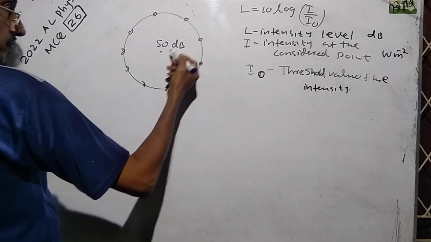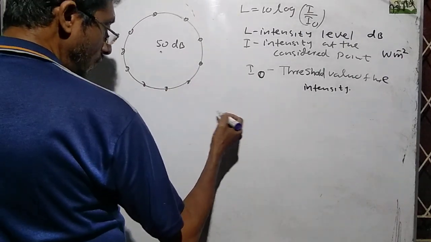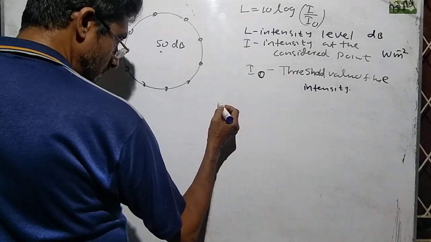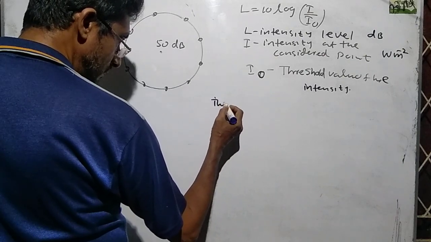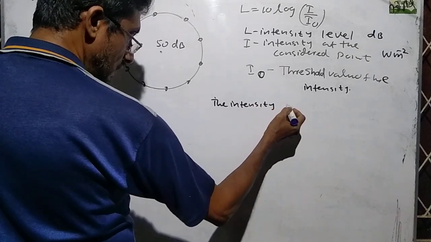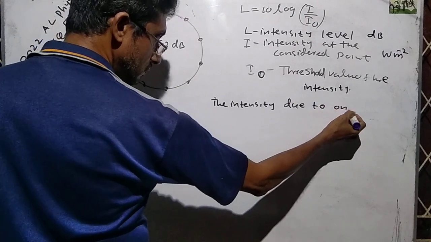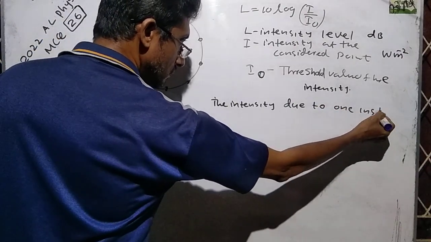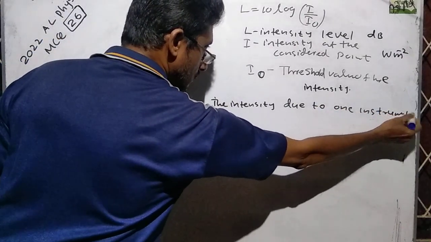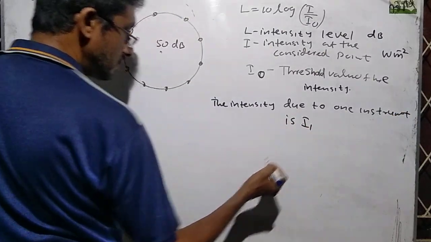Then I substitute these values, and I assume due to one instrument the intensity is I1.